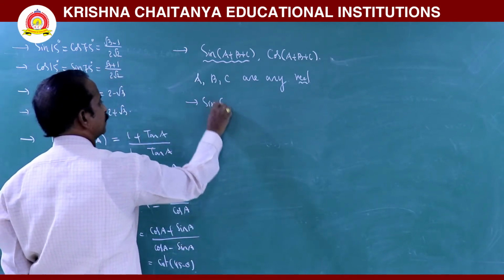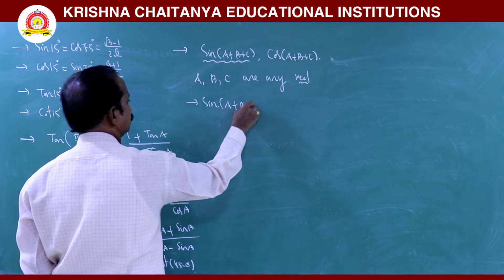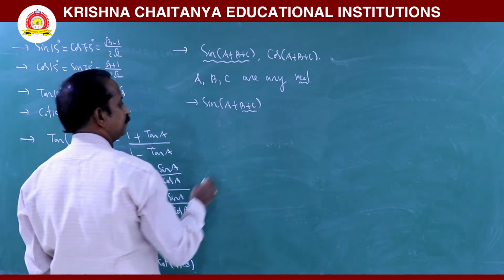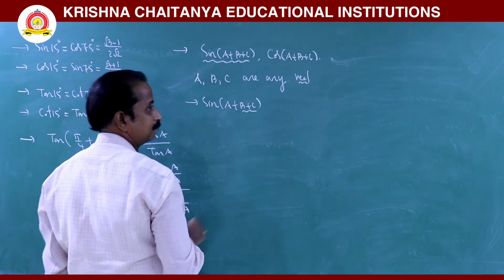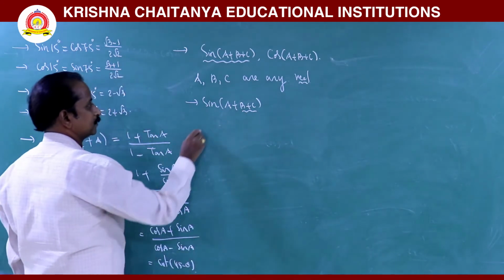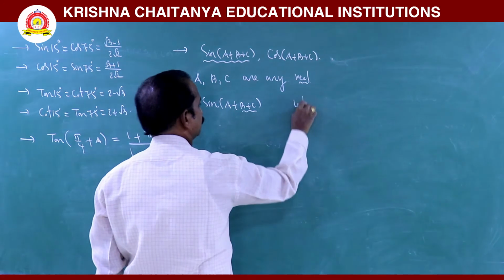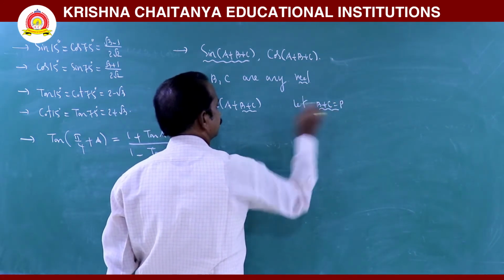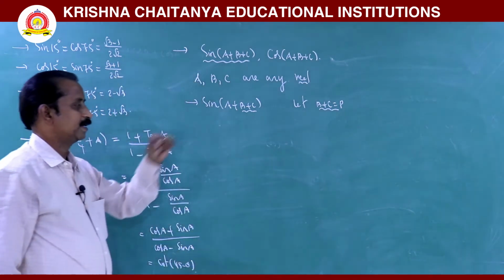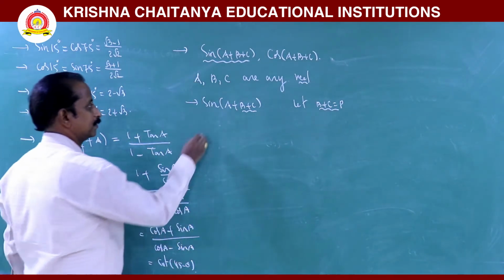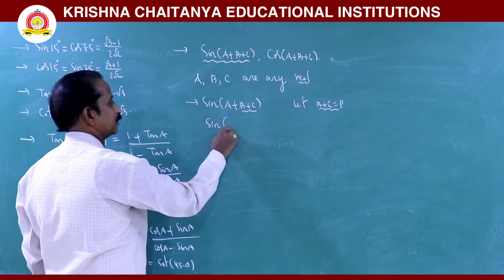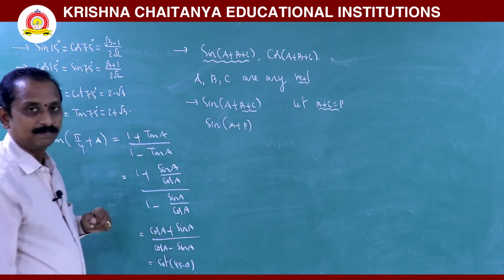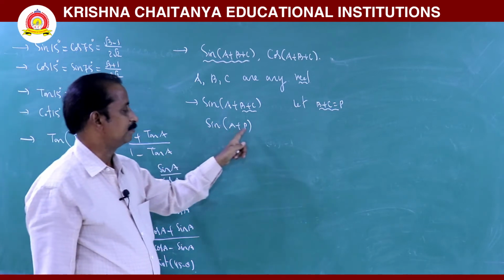So sin of (A plus B plus C). For our convenience, let B plus C be equal to some angle P. Now sin of (A plus B plus C) reduces to sin of (A plus P), which is in the form of the sin (A plus B) formula.